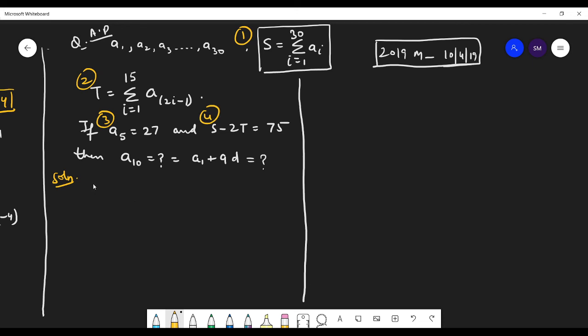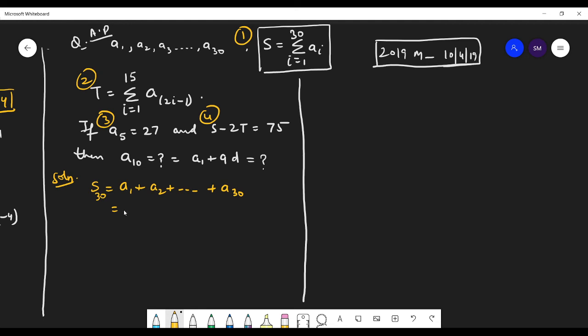So the first one, S. What is S equal to, students? Put i equals 1 here. So what do you get? A1. Then put i equals 2, A1 plus A2, plus up to and so on. Very good. And that is given to you as S. Now what will be this value if you are adding the sum of 30 terms?